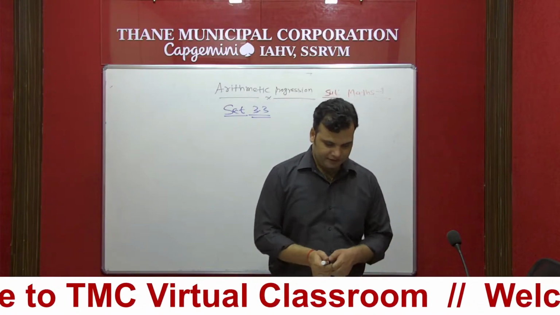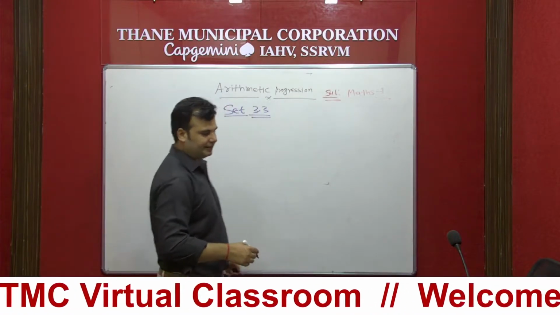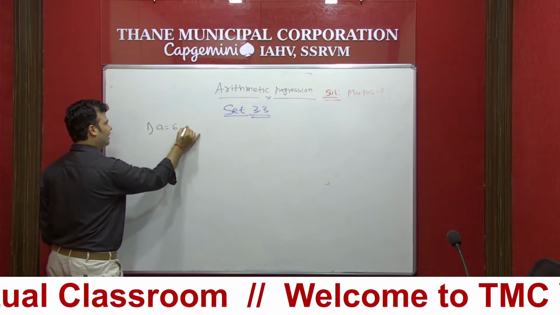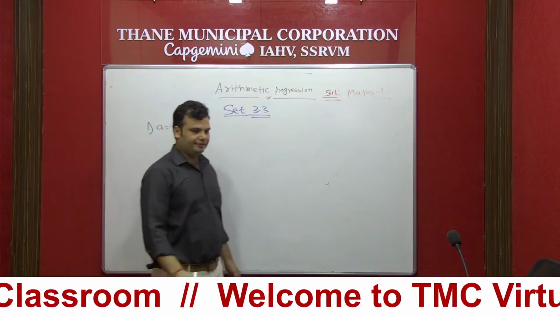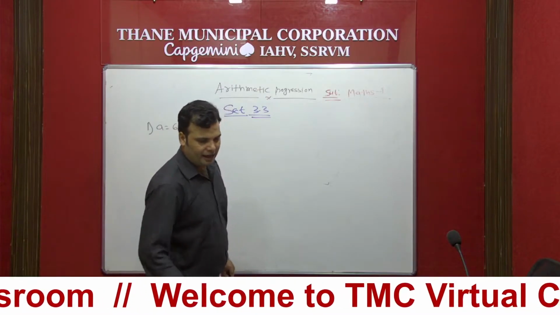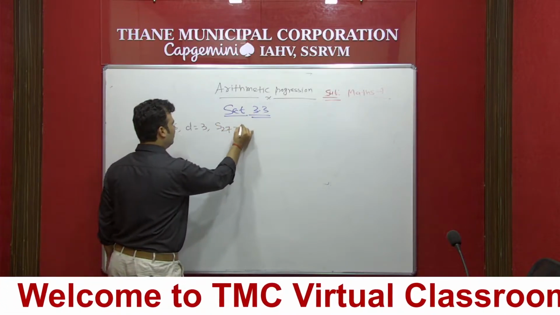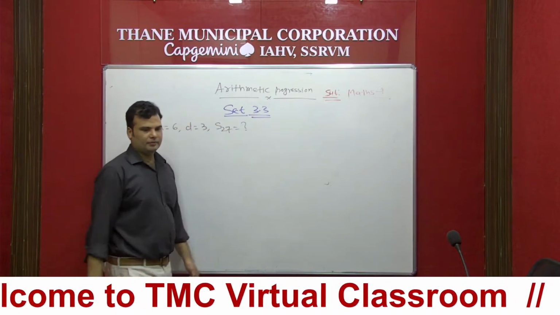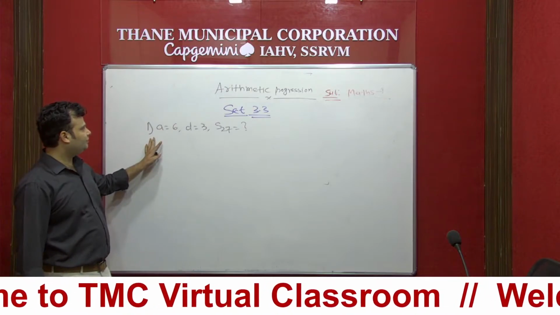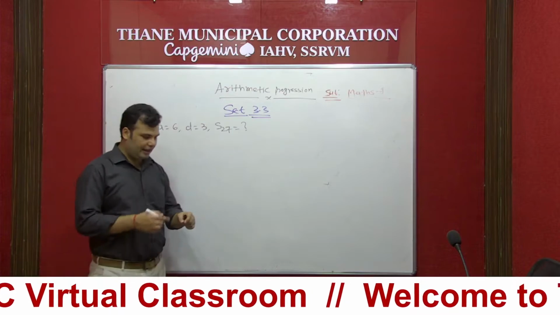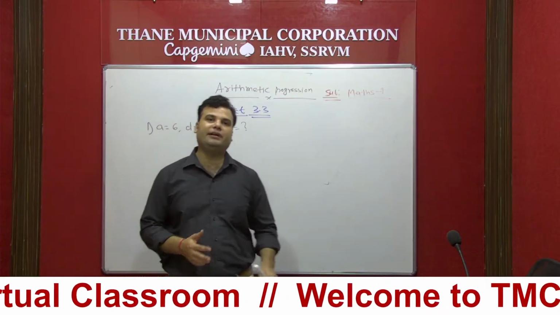तो स्टार्ट करते हैं. फर्स्ट सम इज गिवन, a is given 6 and d is given 3 and we have to find S27, sum of 27 terms. So student, in this part a is given 6, d is given 3 and we have to find 27 terms.